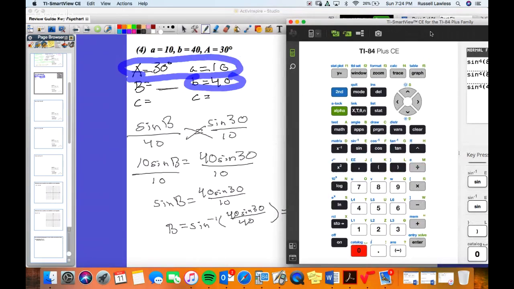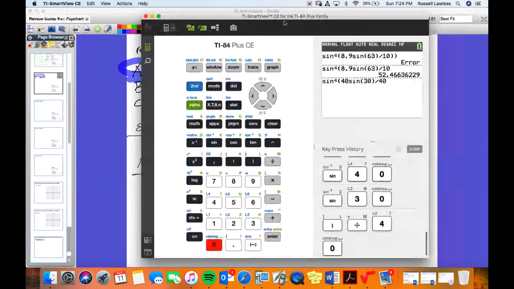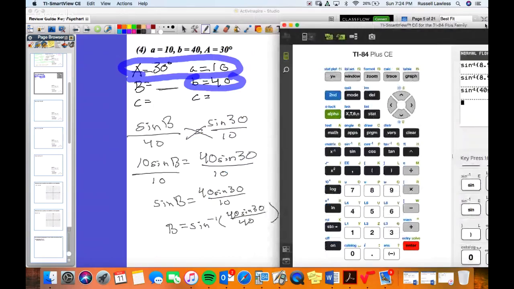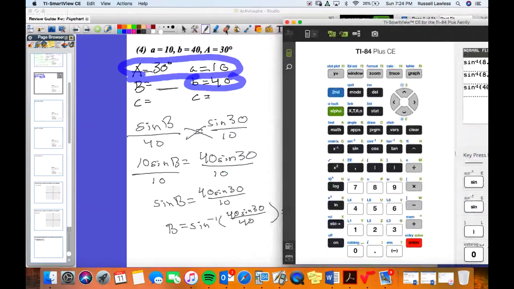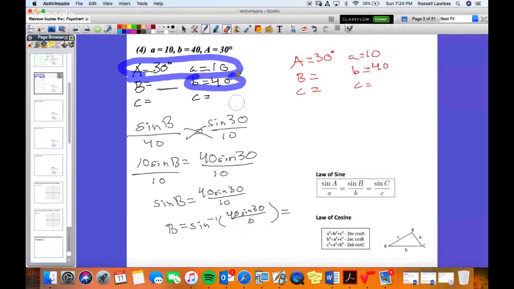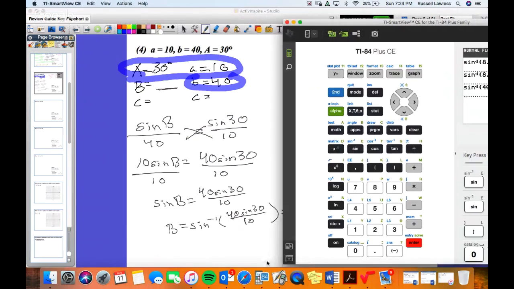This is for our original triangle, and we find out that, oh, you know what? That shouldn't have been a 40. That should have been a 10. I copied that down wrong. Again, mistakes that you make when you go too fast.